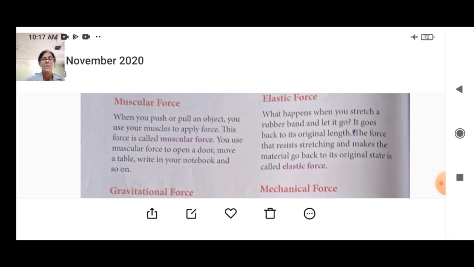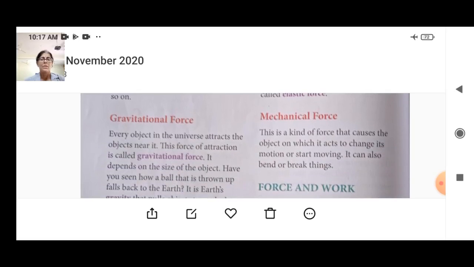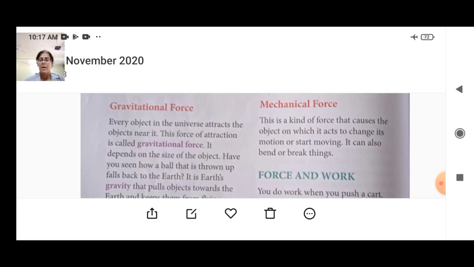Gravitational force. See children, you all are aware what is gravitational force, right? Means our earth is having this gravitational attraction, right? So, every object in the universe attract the objects near it. खुद की तरफ कोई भी चीज को खींचना, अट्रैक्ट करना, that is known as a gravitational force.